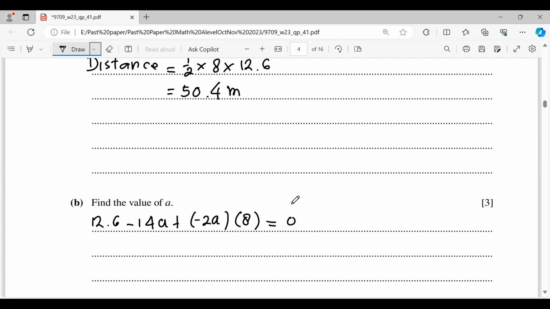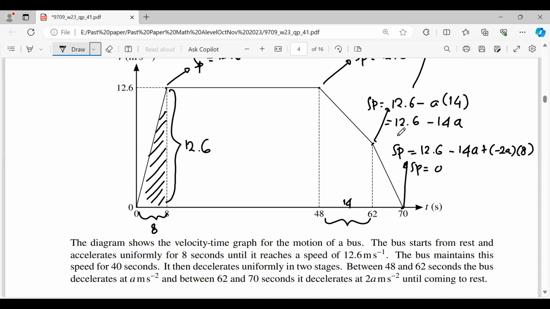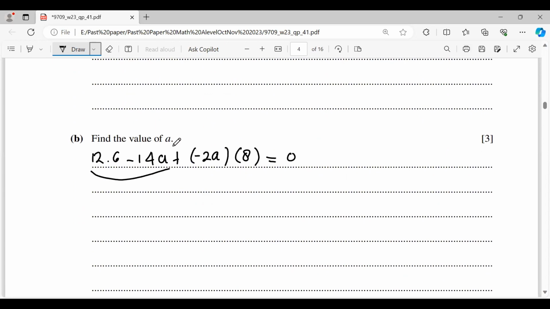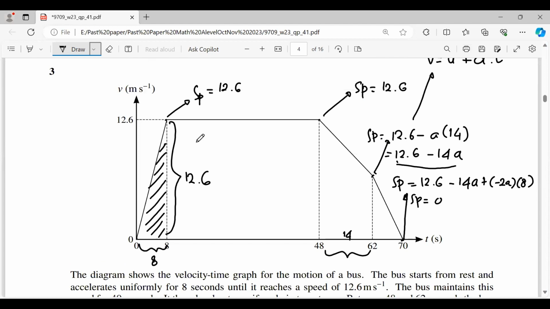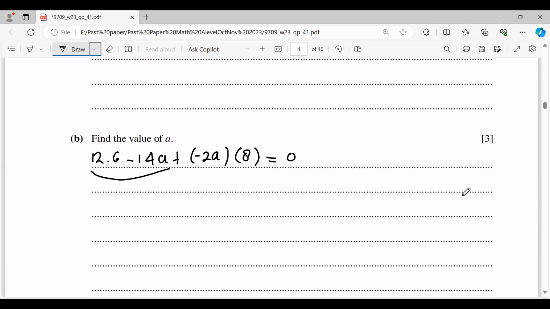Right. This part from this one is the initial velocity of this part, the speed. Okay, and a because of this is negative 2a. Right.